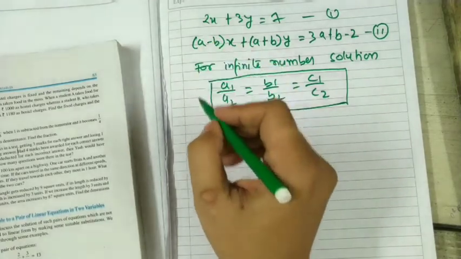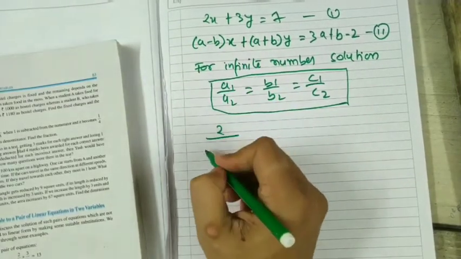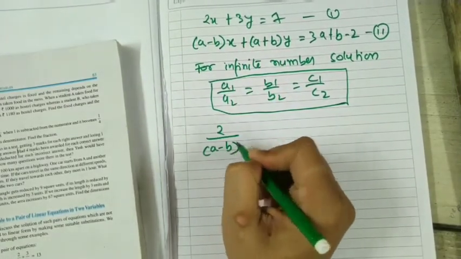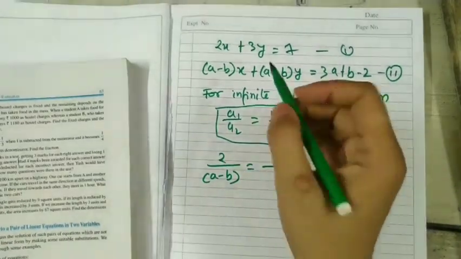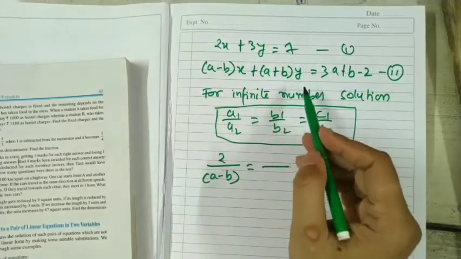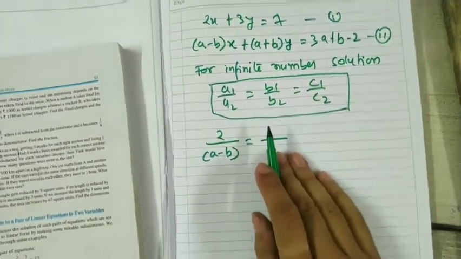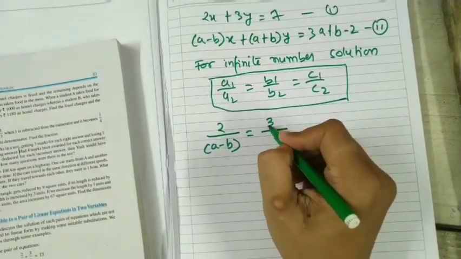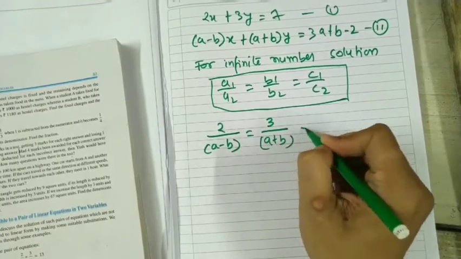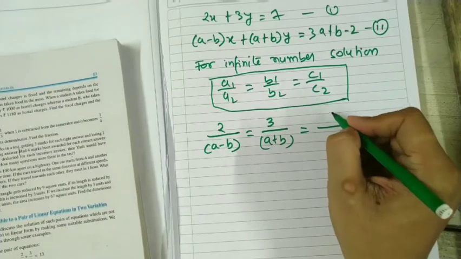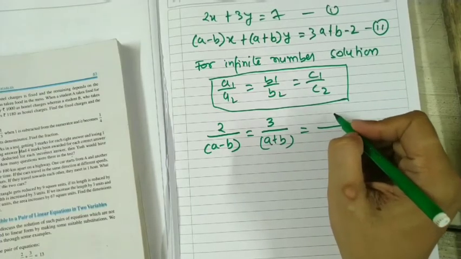Here we will first write the values of a1 and a2. The value of a1 is 2 and the value of a2 is a minus b. Similarly, the value of b1 is 3 and the value of b2 is a plus b. Now similarly we can put the values of c1 and c2 from the equations.